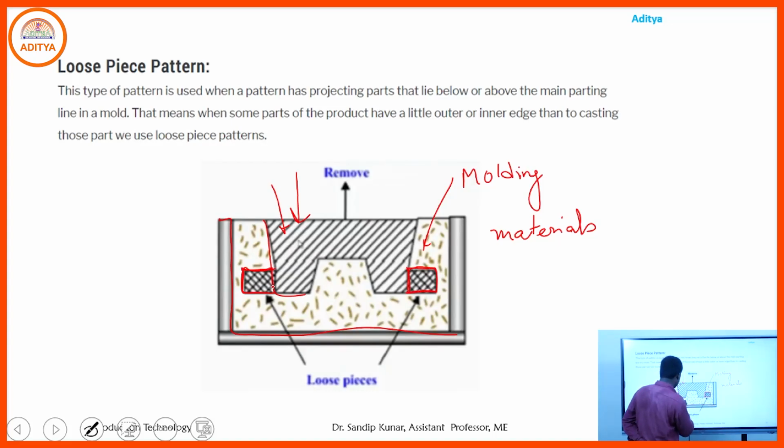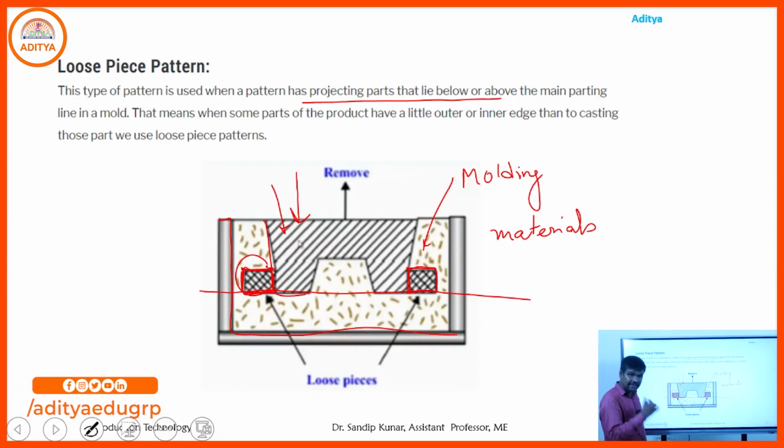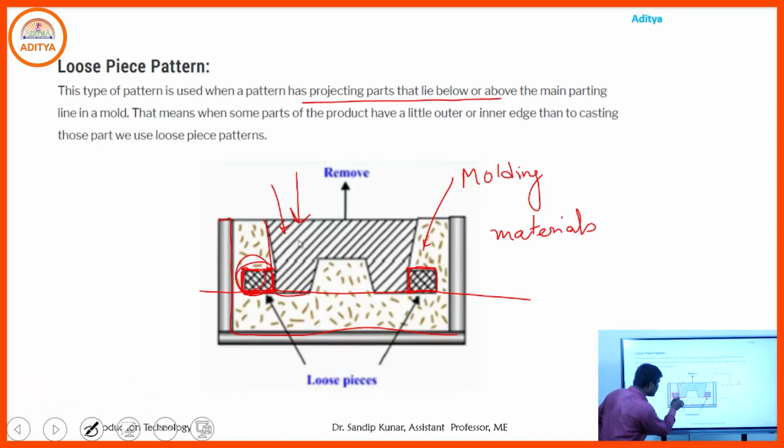What happens is, when a pattern has projecting parts below or above the main parting line, if you consider or assume that is the parting line, the loose piece may be above that parting line, and sometimes the loose piece may be below the parting line.